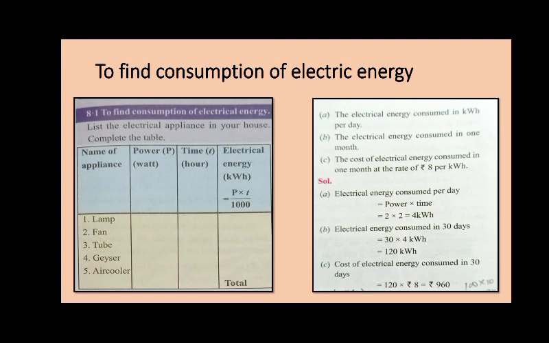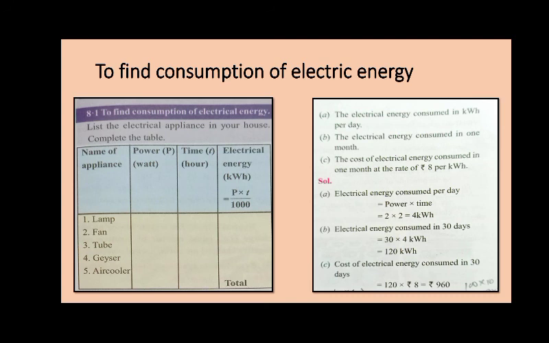For example, here you can find out if an electrical geyser of power 2 kilowatt is used for 2 hours per day. So the electrical geyser power is 2 kilowatts and time of use is 2 hours. So daily consumption is power into time, that is 2 into 2, that is 4 kilowatt hour.